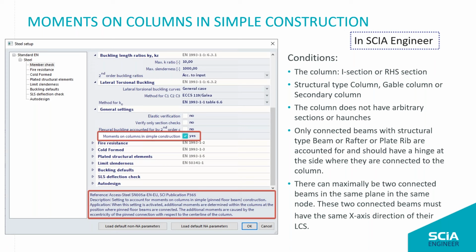We can only do it for I sections and RHS sections. You should have a structural type column and a structural type beam. They should have a hinge. There should not be 1,000 different beams connecting in the same node, because then it also doesn't know how to calculate this.